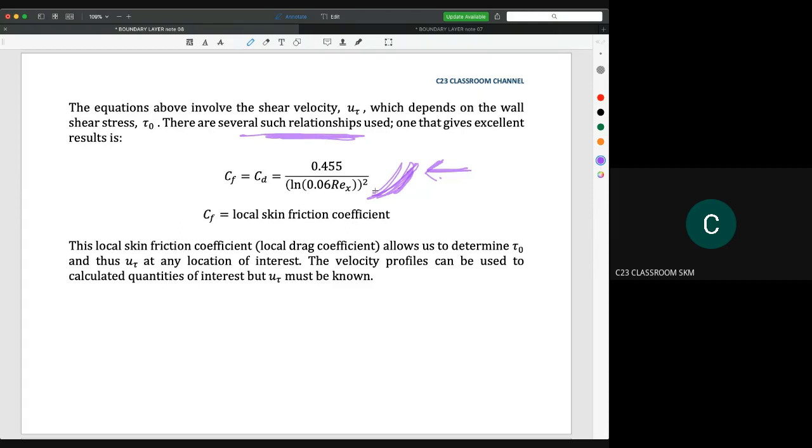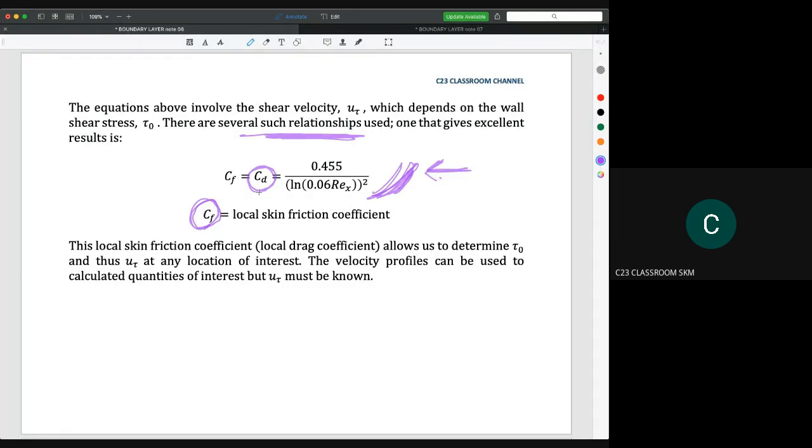In some textbooks, they will call this CF, the local skin friction coefficient. According to my notes previously, the CF here is actually equal to the CD, the local friction coefficient. This local skin friction coefficient or local drag coefficient allows us to determine the tau naught and U tau at any location of interest.